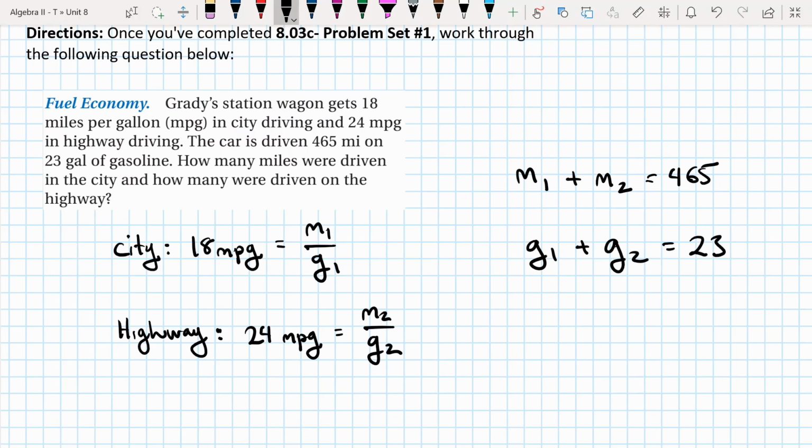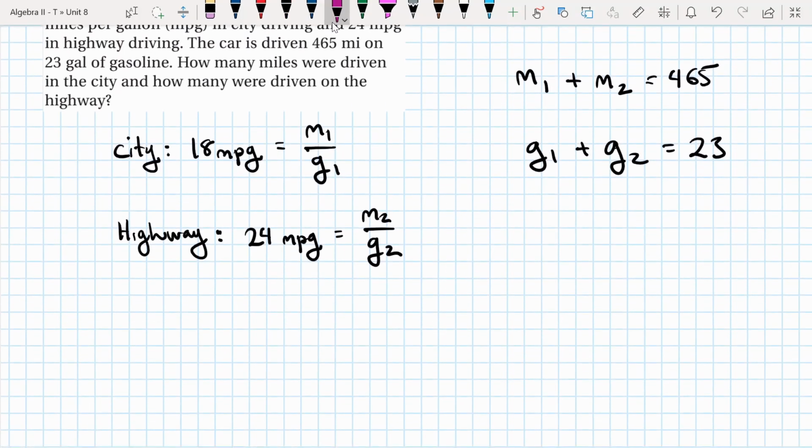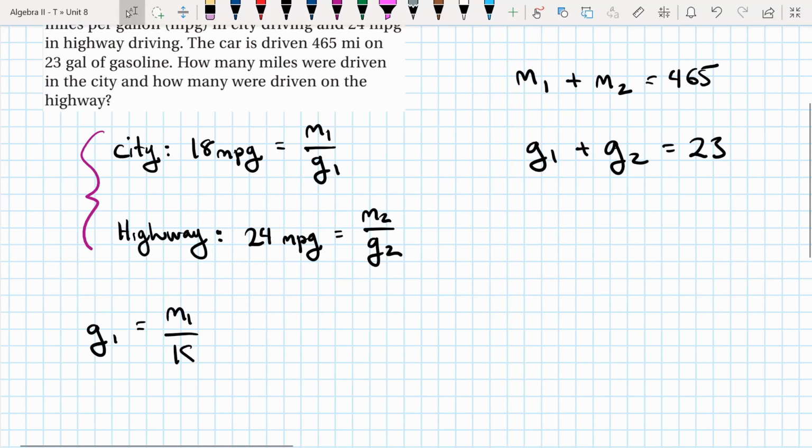And so what I'm going to do is take these relationships here on the left-hand side and solve these for G1 and G2. So G1 is going to be equal to, if we multiply both sides by G1 and then divide by 18, M1 over 18, and then G2 is going to be M2 over 24.